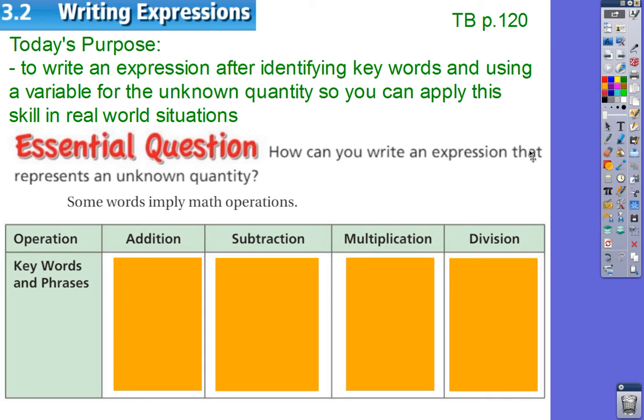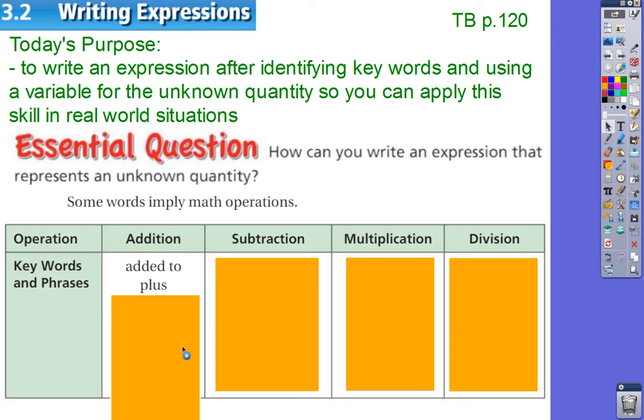And then please list at least 3 or more words under each heading that represents the given operation. So, for example, I'm going to show you what I mean here. For addition, a keyword that I might see in a word problem that represents addition is added to, or maybe I'd see the word plus. So that's the idea that I'm looking for.